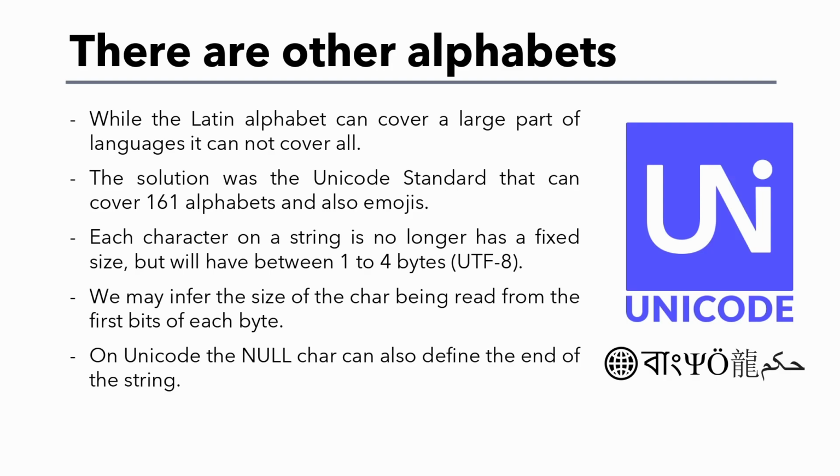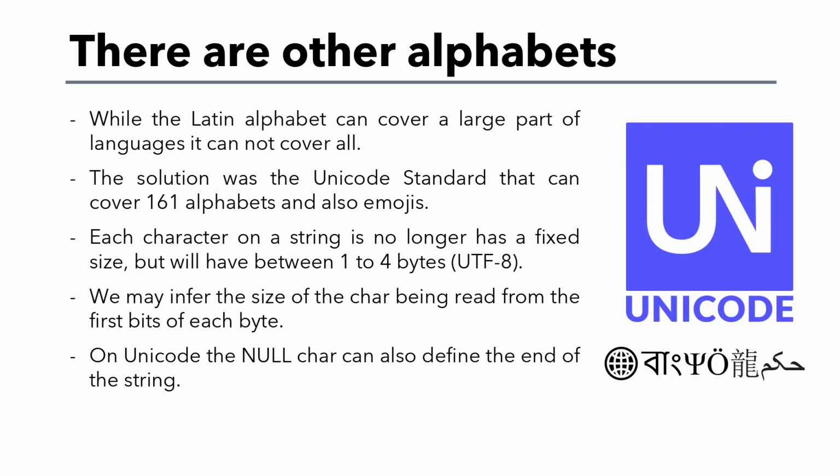So why don't we use only the ASCII encoding? Well, because it only covers the Latin alphabet, and the world speaks a lot of languages with different alphabets. A solution to this problem was found by the Unicode standard that allows it to cover 161 different alphabets. Also, emojis.